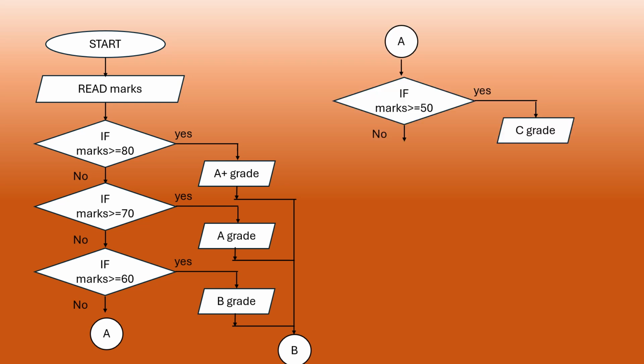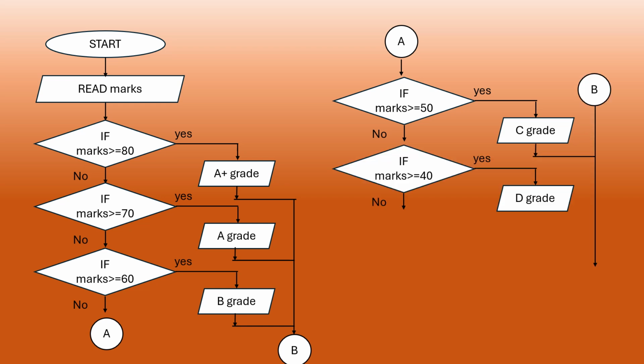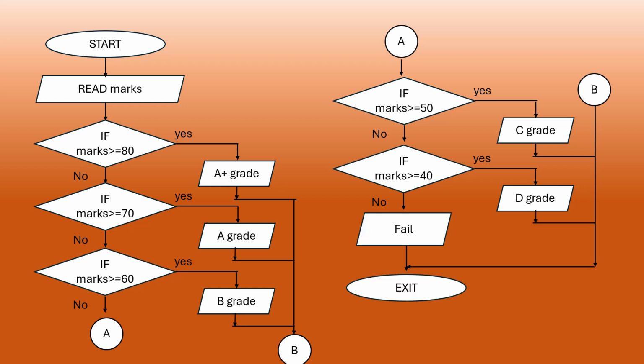We proceed from the same on the next column, checking the next state, which is if it is true, then a C grade would be output, hence it will proceed to the final step. Well, if it is false, then it would be tested again for the D grade.